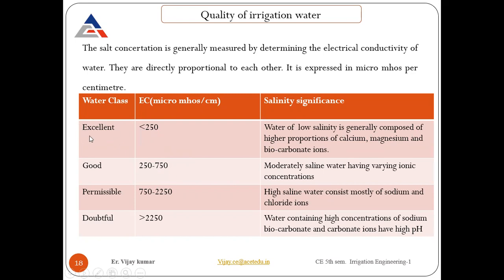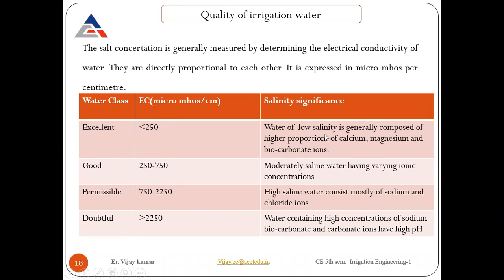If its value is excellent, we can put it into the excellent class. If its electrical conductivity comes out lesser than 250, the water has very low salinity, with a higher proportion of calcium, magnesium and bicarbonate ions.